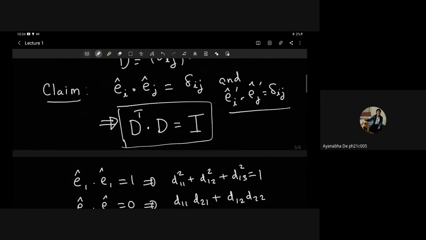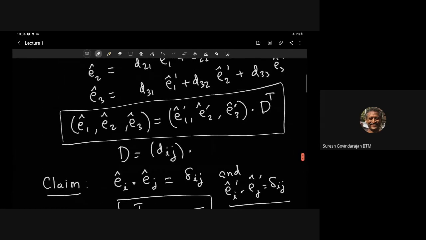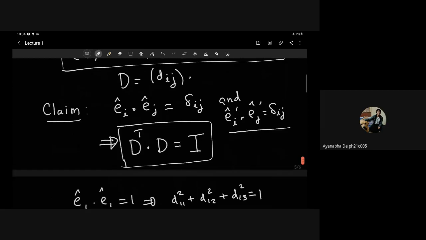I can give you plenty of examples of matrices which are not symmetric and still satisfy orthogonality. I don't see that the condition is not obvious to me. Okay, sir.